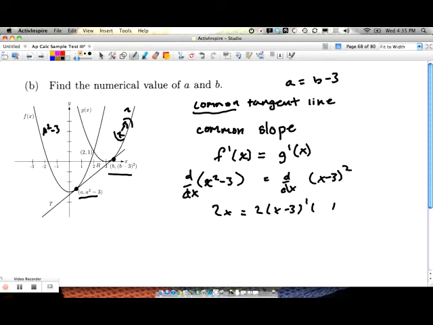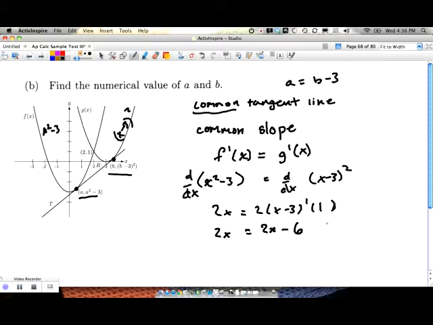So we've got x minus 3 here, times the derivative of the inside, which is just 1. If I were to simplify this out a little bit further, that means I have 2x equals 2x minus 6 times 1.